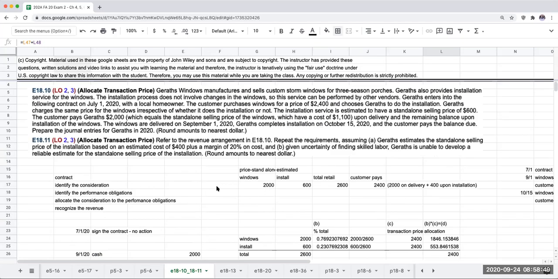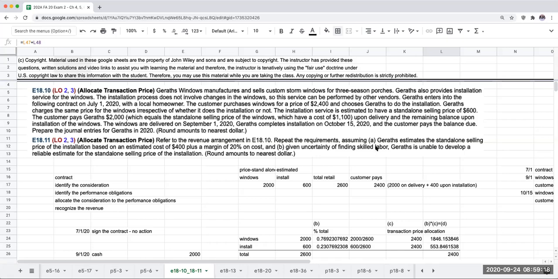Okay, so there's now this final part over here, which is given the uncertainty of finding skilled labor, Geraths is unable to develop a reliable estimate for the standalone selling price of the installation. So what's interesting about this is it's basically saying, okay, if you can't come up with a selling price, then just go essentially based on what the contract is going to be.